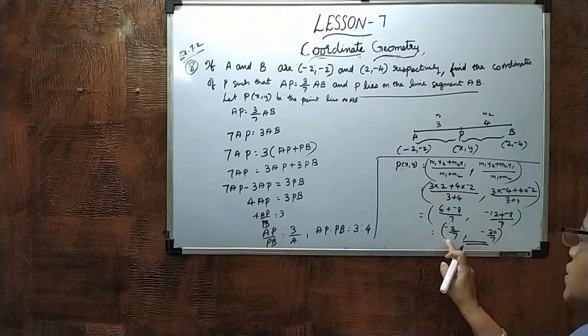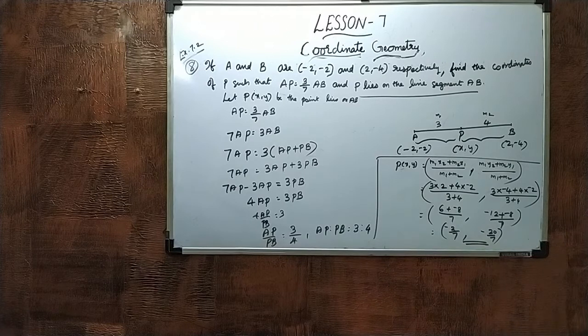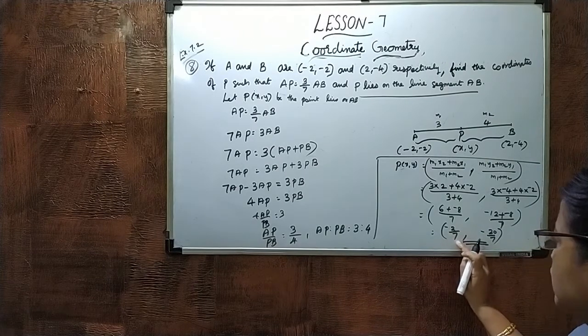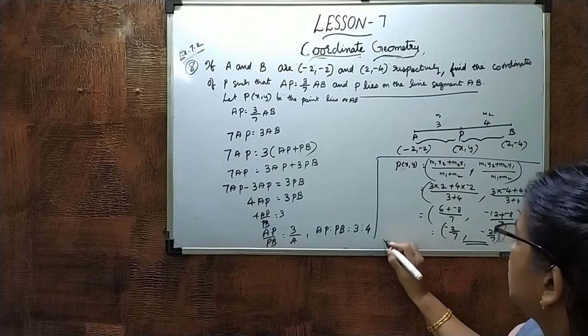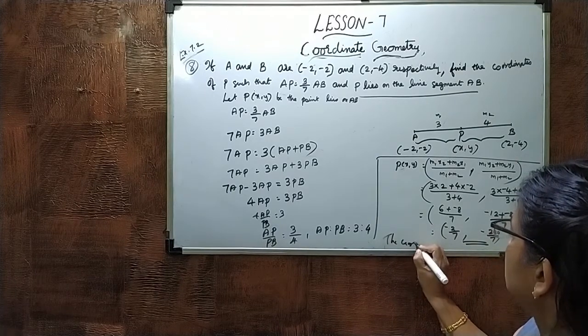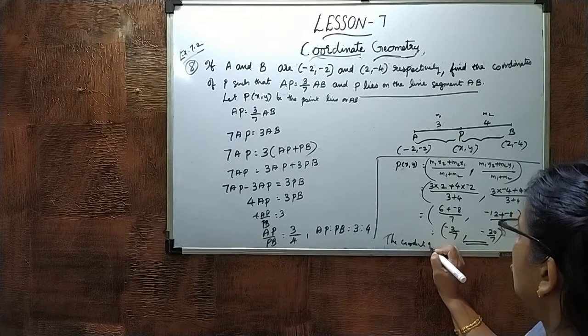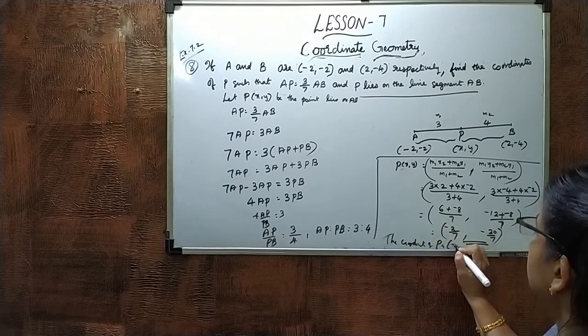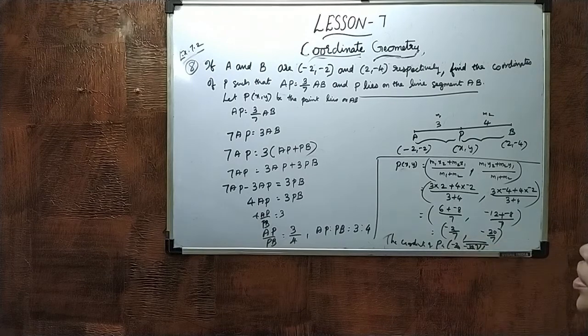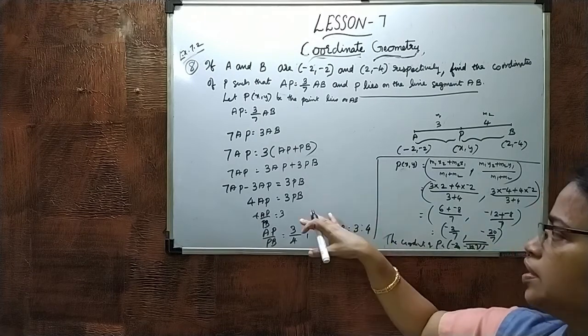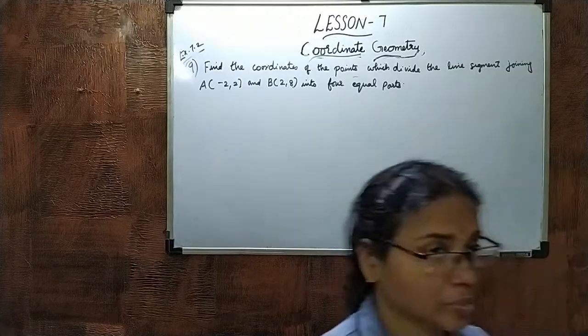P of x, y is negative 2 by 7 and negative 20 by 7. So at the last, what you have to write? The coordinates of P is negative 2 by 7, negative 20 by 7. Okay. When the given things are there, just apply it, you will get the answer.